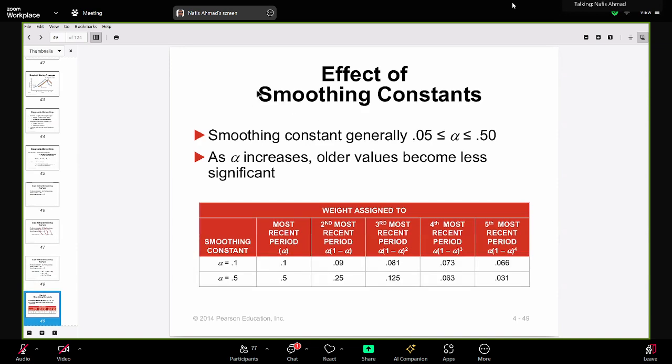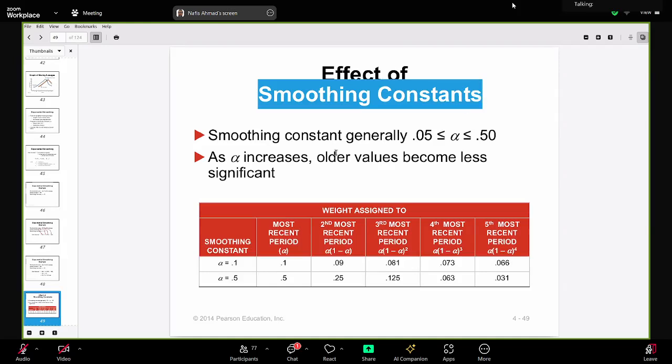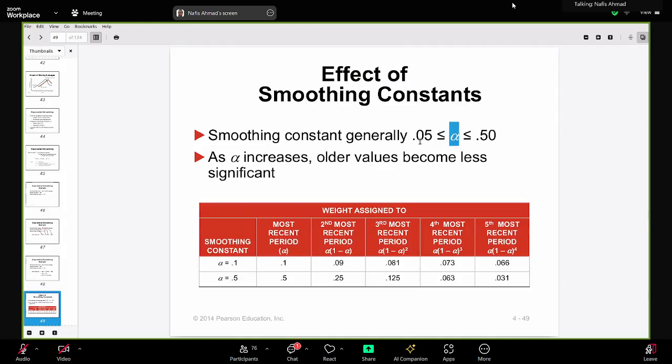So this is the exponential smoothing technique. Now, the effect of the smoothing constant. What happens if we change the value of alpha gradually from 0.05 to 0.5? Smoothing constant can vary from 0 to 1, but normally it's between 0.05 to 0.5.